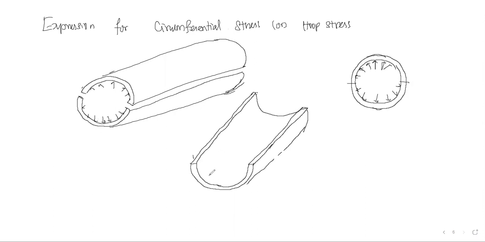The forces are going to act here, that is, the internal pressure is going to act here. That's why it is going to divide into two different halves along the length. So this is the length L of the section, and the wall thickness and the stress are going to act here.